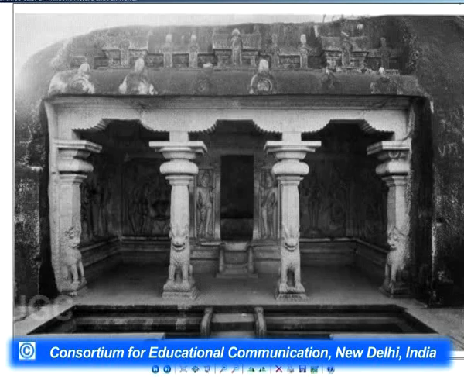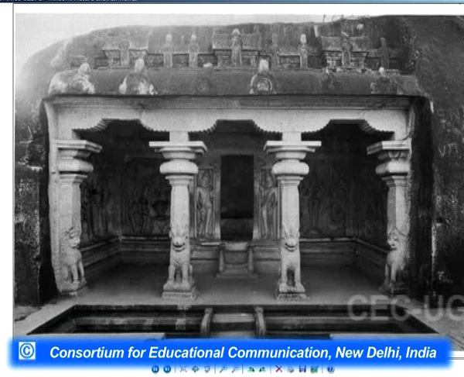Here three different kinds of structures were created. One structure is generally called Mandapa. It is very much similar to a Buddhist cave with a frontal porch, and after the frontal porch one may find a sanctum with the image of the main deity. In the frontal porch one may find different sculptural panels.